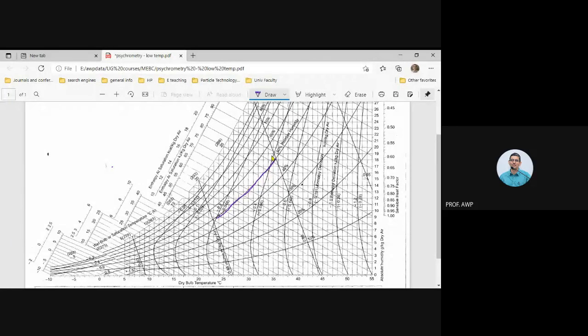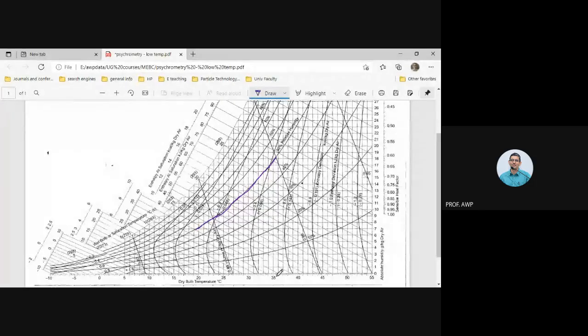And 20 degrees centigrade is here. So we are here: 20 degrees centigrade and 50% RH.